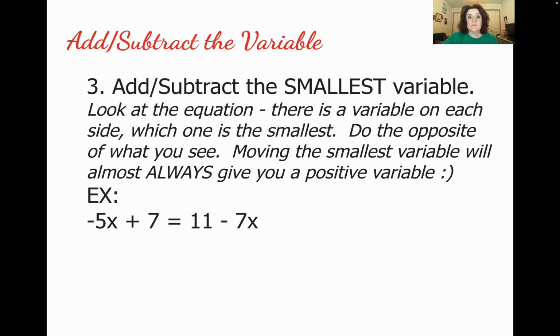So for example, you have negative 5x plus 7 equals 11 minus 7x. The negative 7x is smaller than the negative 5x. Okay, so you're going to add 7x to both sides. When you do that, negative 5x plus 7x gives you 2x plus 7 equals 11. You didn't touch anything else, so they just stay where they were.